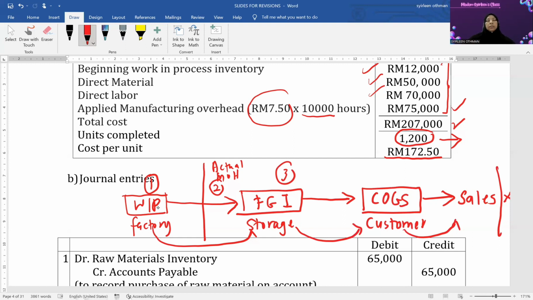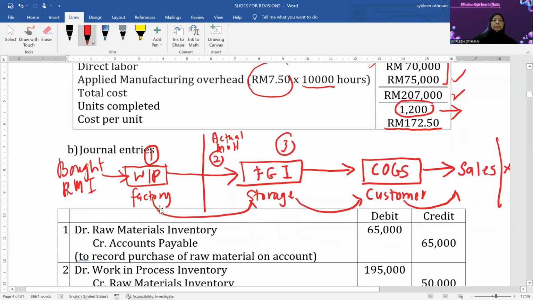Okay, the first item kita tengok dalam soalan tadi, saya tak start terus dari kilang ya, sebab saya tak ada bahan mentah tersebut. So I bought the raw materials inventory. So the first journal will be debit raw materials inventory.